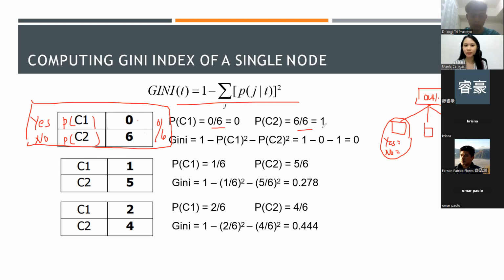So we'll just apply the probability principle. And how can we apply the Gini method? Simply by applying these formulas. So 1 minus 0, and then minus your P of C2. Sorry, that's 1. So 1 minus 0 minus 1 is equivalent to 0. So usually the impurity is already equivalent to 0 if one of the classes is equivalent to 0.